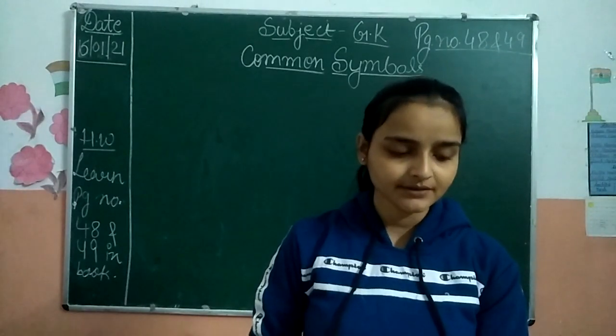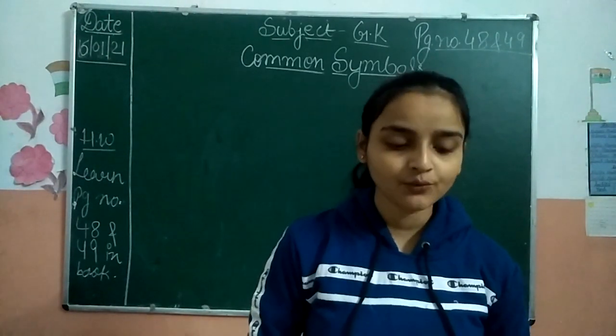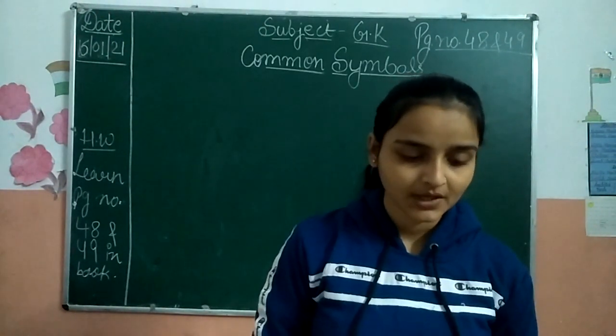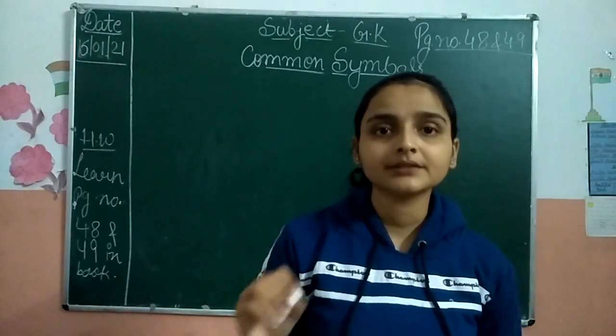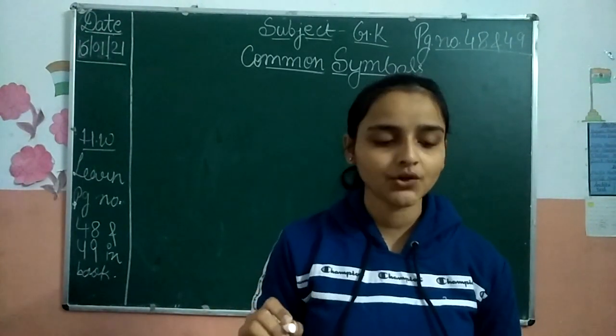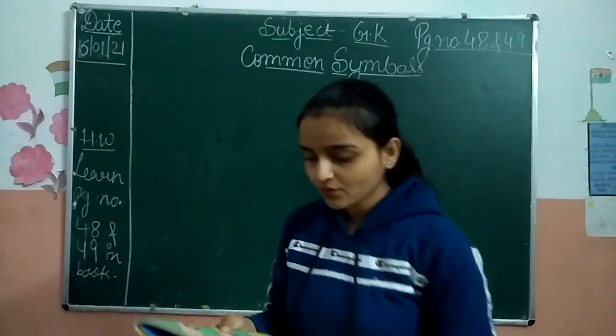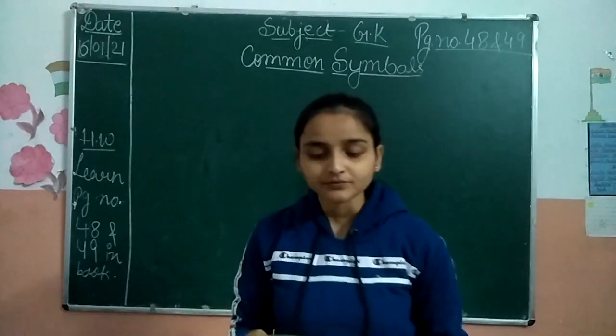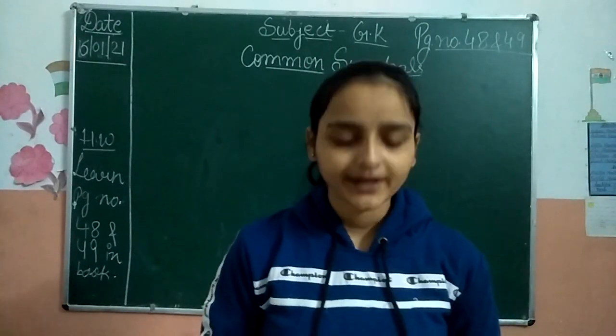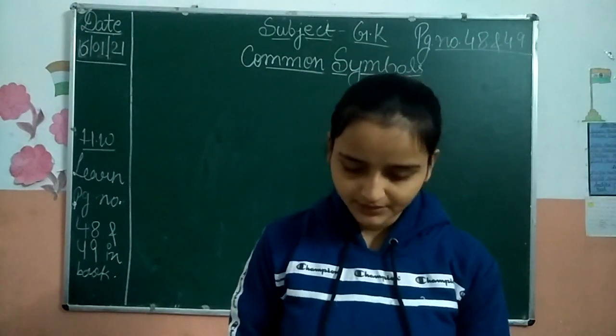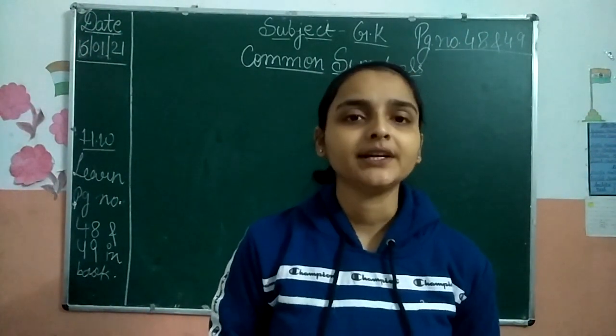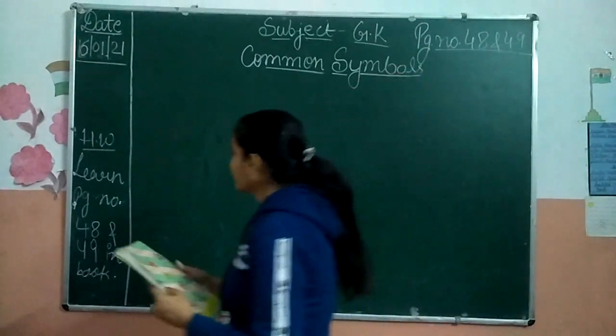So, shall we start? Look at the very first picture. A green color earth is there, yes or no? So, what is this? It is the symbol of eco-friendly. Look at the D option. D, eco-friendly.